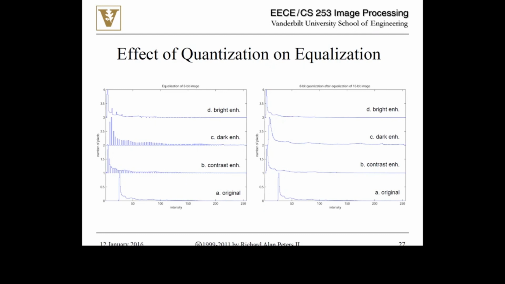Let's look at this column first. We already know this thing. This is the contrast enhancement, and this is the gamma transformation that enhances the dark area and the bright area. And we already know this kind of effect where we are creating holes.